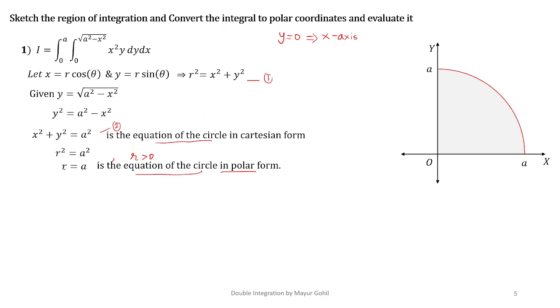So first of all, if we see the Cartesian limits, you can see that the lower limit is y equals 0, right? So that is the x-axis. So the region is bounded by the x-axis. Okay, now let me draw this over here.